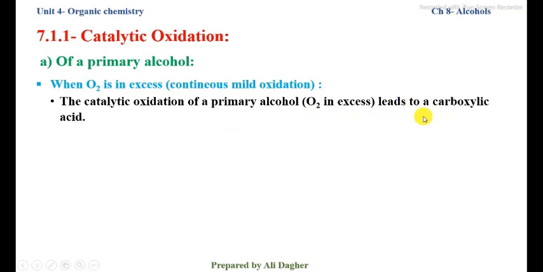In fact, how can we know if an oxygenated organic compound may undergo mild oxidation or not? In case of alcohol, if the functional carbon, the carbon holding the hydroxyl group, is hydrogenated, that means it's bonded to a hydrogen atom, then it undergoes mild oxidation.